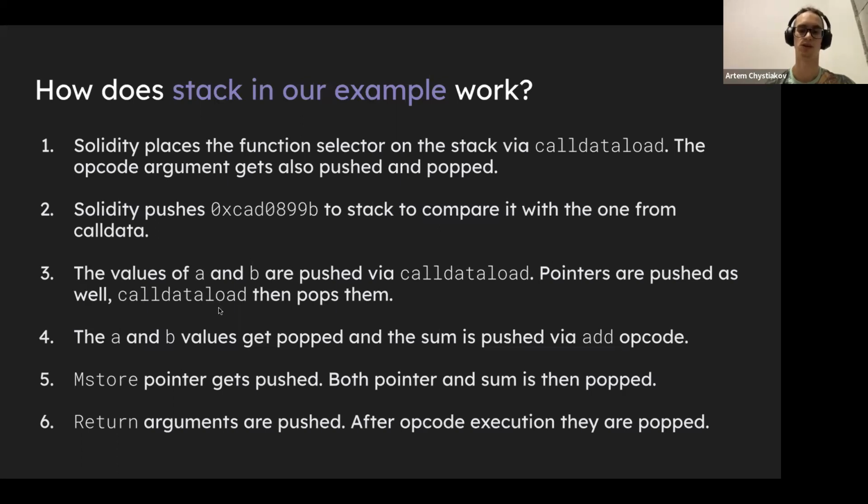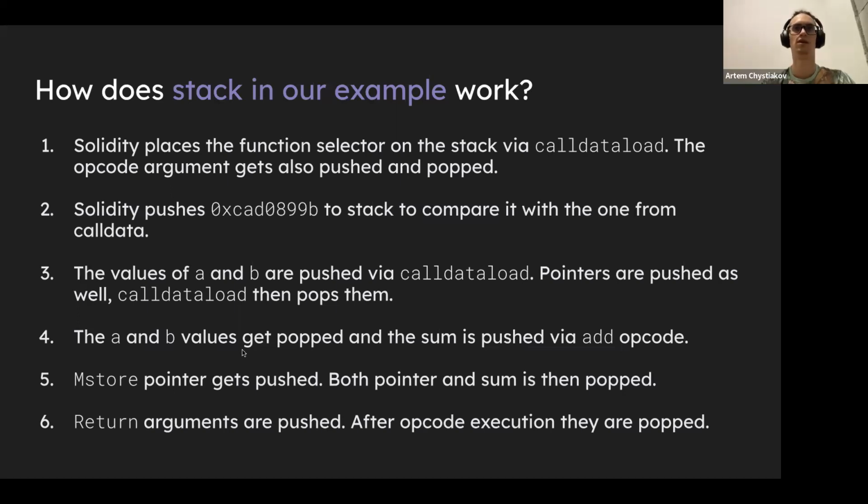And once the calldataload opcode executes, it takes those pointers, pops them from the stack, and places the values that correspond to A and B in our calldata. So A and B are now on the stack. When we are calling the add opcode, the A and B values get popped from the stack, and the sum gets pushed.